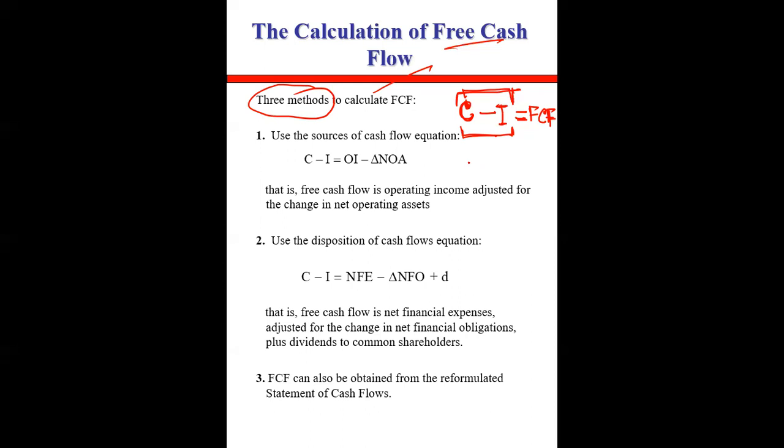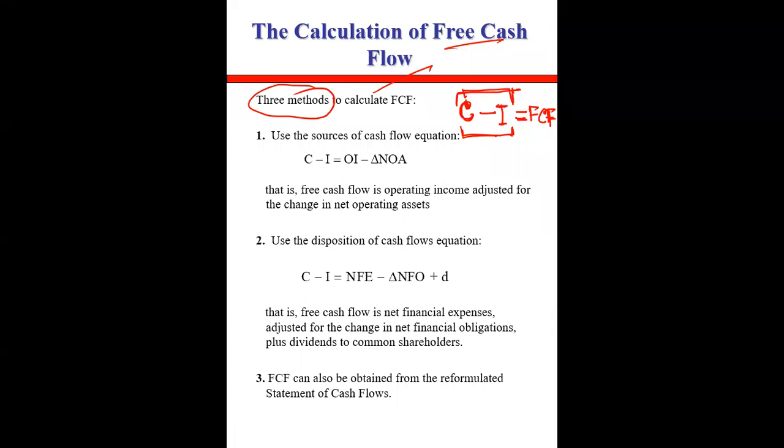Can you recall the net operating profit after tax? So you can take that as an operating income.